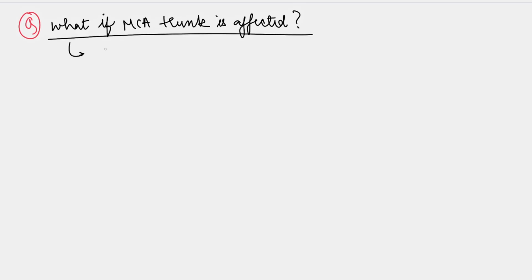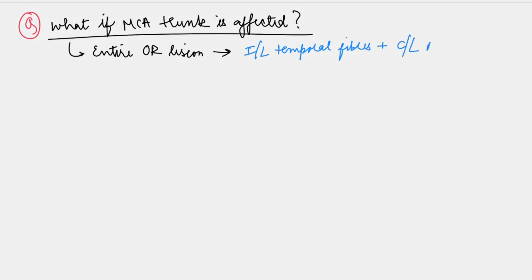Then there'll be an entire optic radiation lesion, correct? So, that would be what? Ipsilateral temporal fibers plus contralateral mesial fibers.